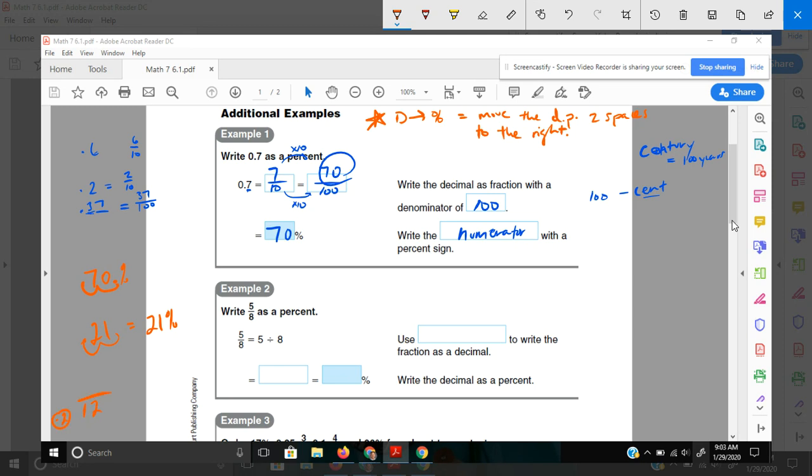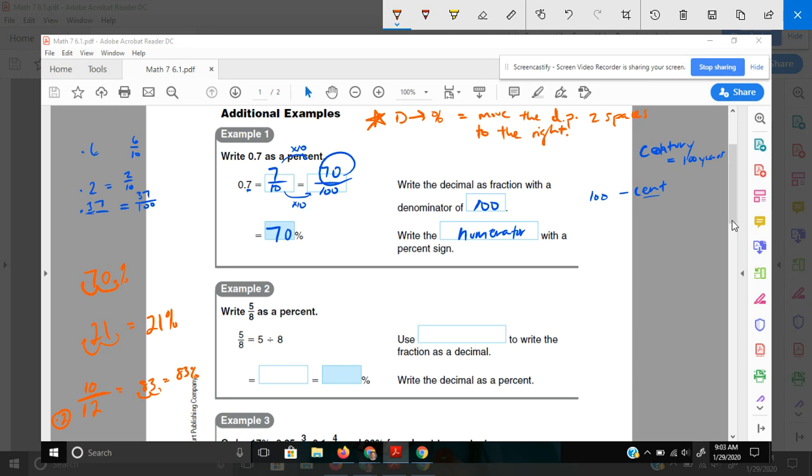So minus 2, that would be 10 out of 12. You take 10 and divide it by 12, and if you punch that in your calculator, you get 0.83. Well, I don't want the decimal, I want the percent. So I move it 2 spots to the right. So that would give me 83%. All right. So a couple different ways you can think about going from a decimal to a percentage.